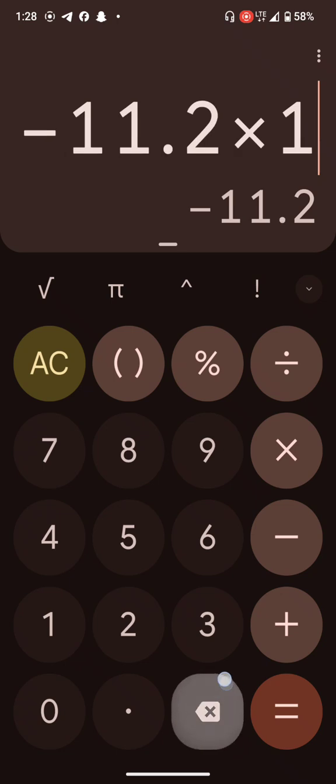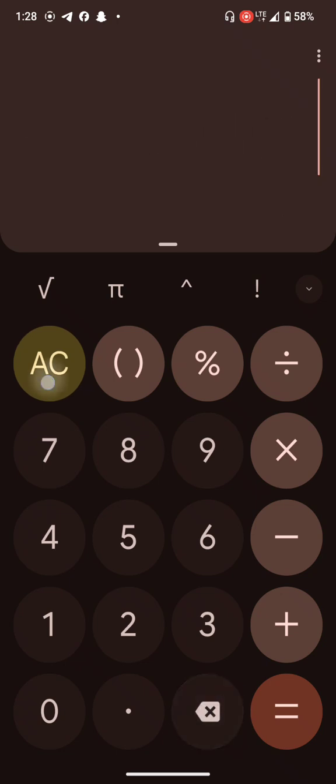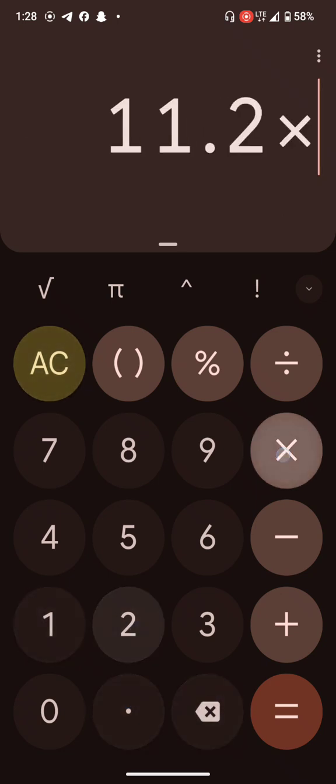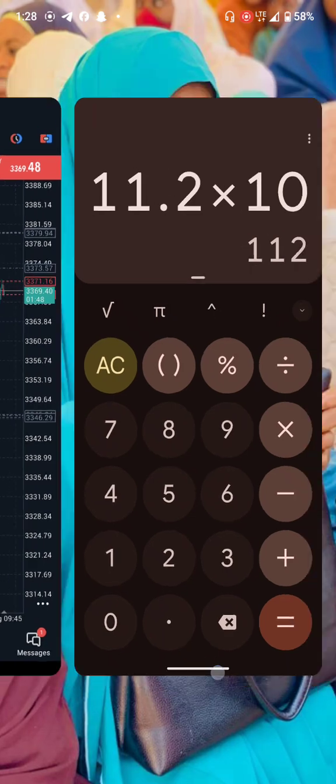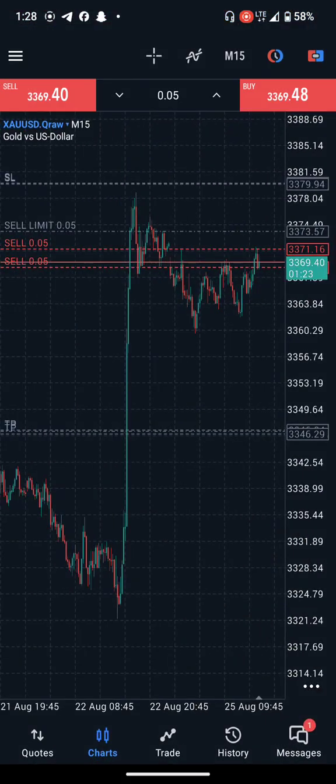This calculation is wrong. It's 11.2, that's times 10. I am losing 112 pips if this one is going to touch my stop loss.